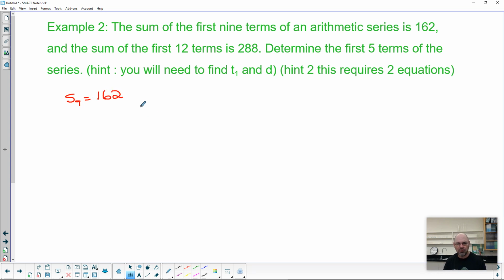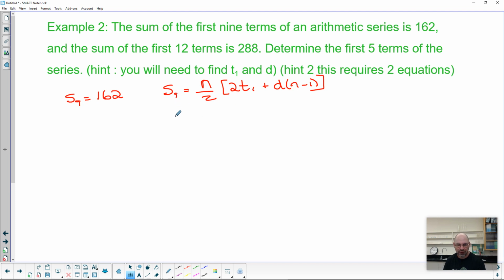Okay, so if I were to write that out, S9 is equal to n over 2 times 2t1 plus d times n minus 1, close it. So now what we're going to do is we're going to put in the 162 and the 9, and we're going to leave the t1 and d blank.